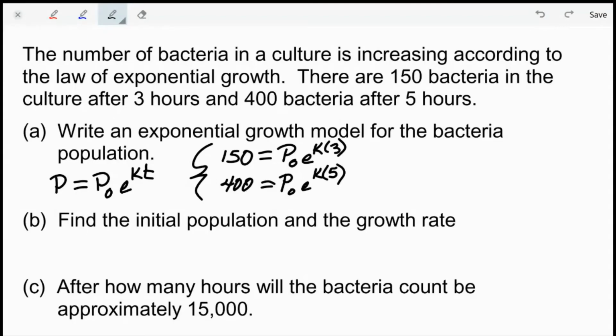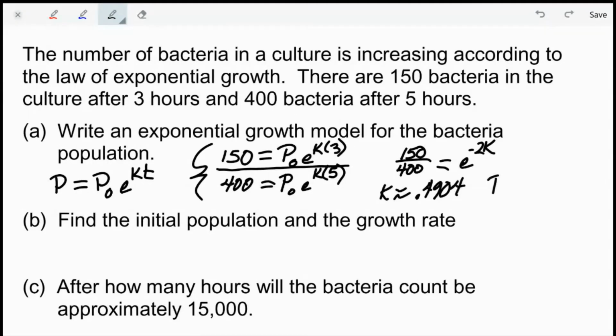You can actually divide these two equations if you want. And what you're going to end up with is 150 over 400 would be equal to e to the negative 2k power. And from that, I can solve for k. K would be approximately 0.4904. And now I've got my growth model.